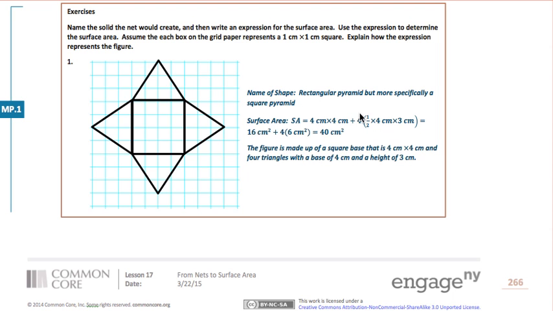And then there are 4 triangles. So triangles 1/2 times 4, which is our base, times 3, which is our height. Base and height, remember, which is perpendicular to the base. For a total surface area of 40 square centimeters.